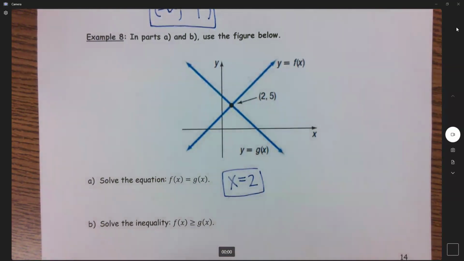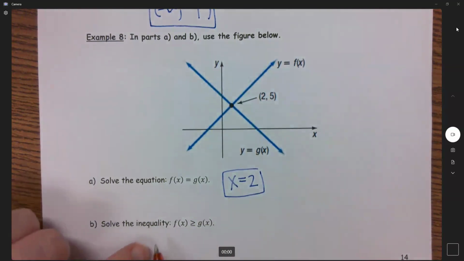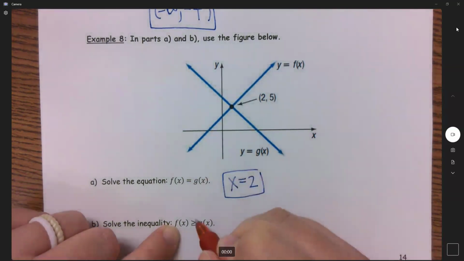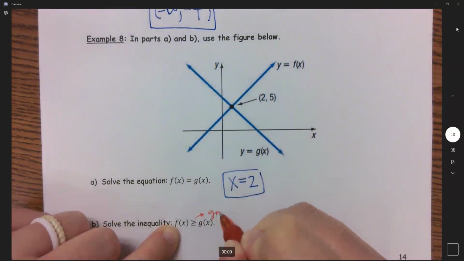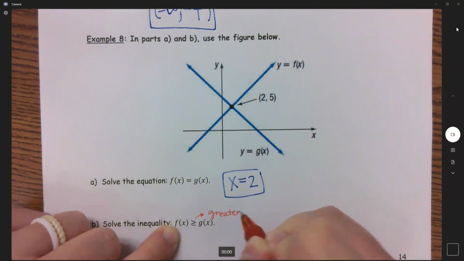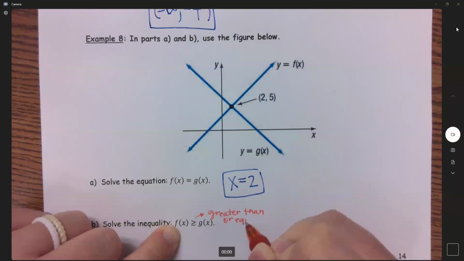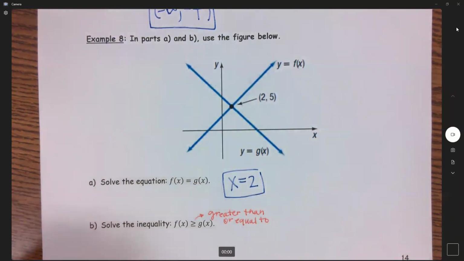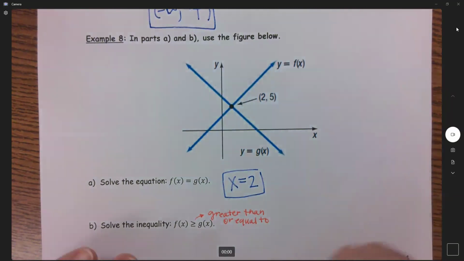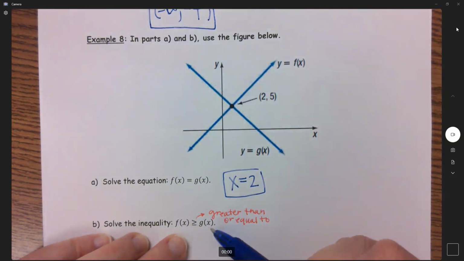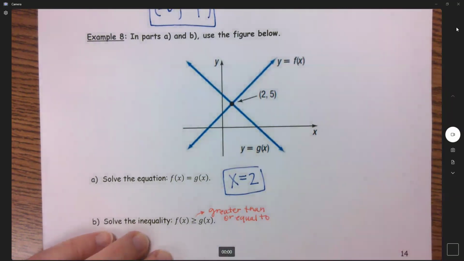Solve the inequality. This time we want to know when is f of x greater than or equal to g of x? So this symbol here means greater than or equal to because of that line underneath. So when is my f of x on top of, again, my g of x function?